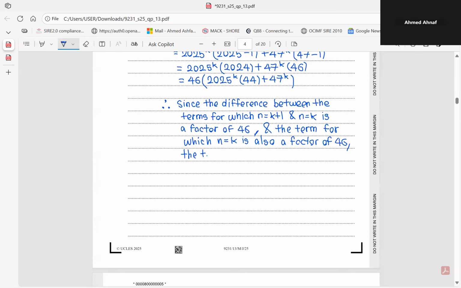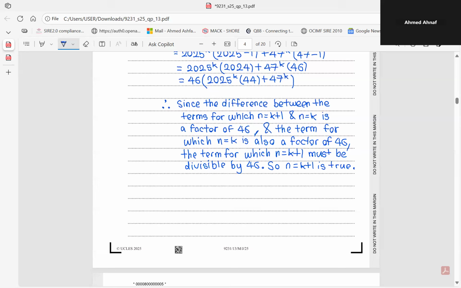the term for which n equals k plus 1 must be divisible by 46. So n equals k plus 1 is true.